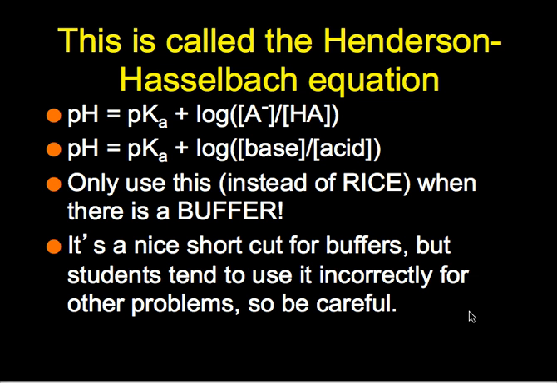This is a great equation. It simplifies things for a number of reasons. First of all, notice that the only place where volume comes into play is in this ratio of the concentration of the conjugate base over the acid. And so you have a volume over a volume, so really the volume isn't important.